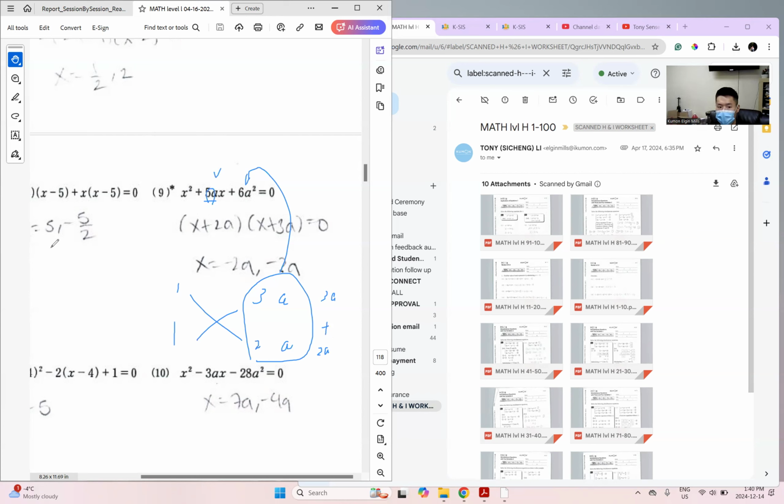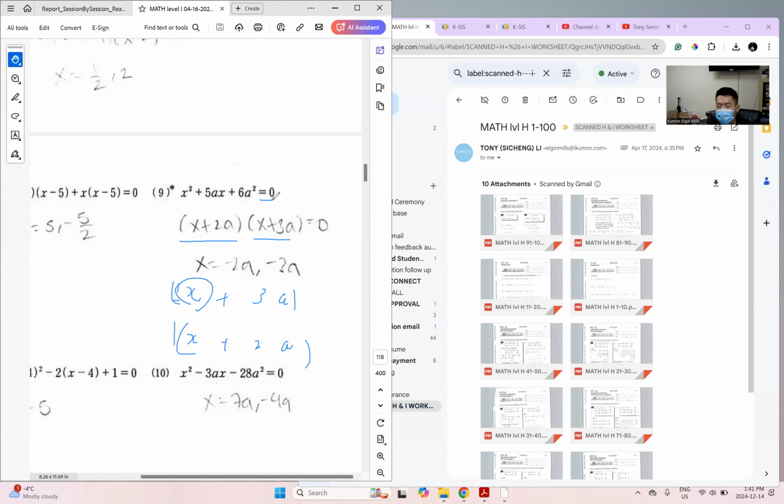So how do I rearrange and rewrite the equation now? Simply put, this 1 represents 1x. This 1 also represents 1x as well. So my expression will become x plus 3a times x plus 2a.